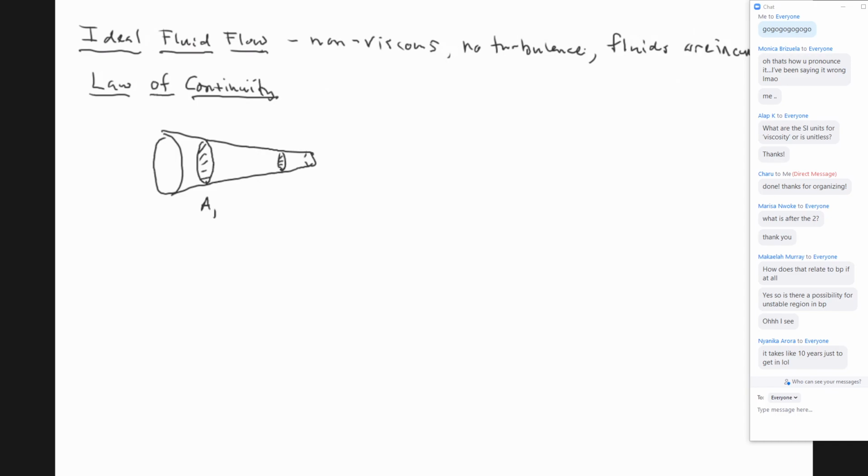We'll call this A1, this A2, this V1, this V2. So volume flow rate, Q, is equal to the cross section times the velocity, in cubic meters per second, and it is constant. With that relationship, we know that A1 V1 is equal to A2 V2 at any given point.